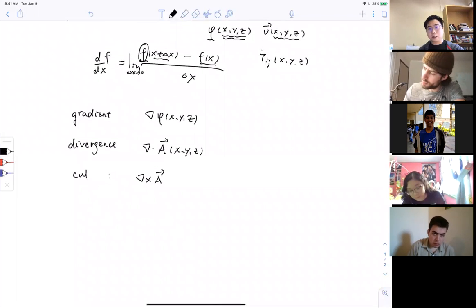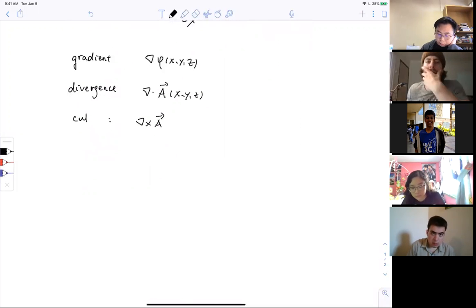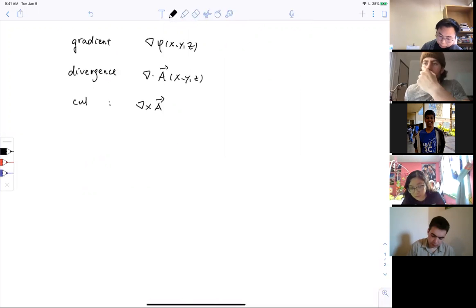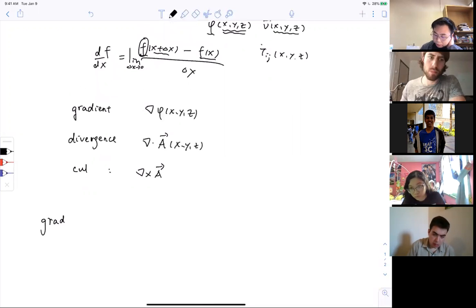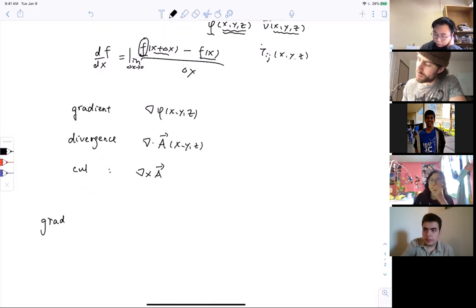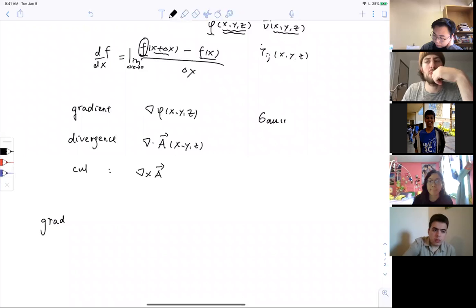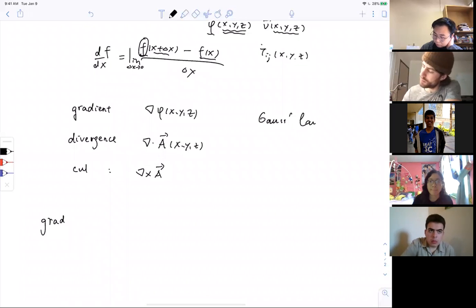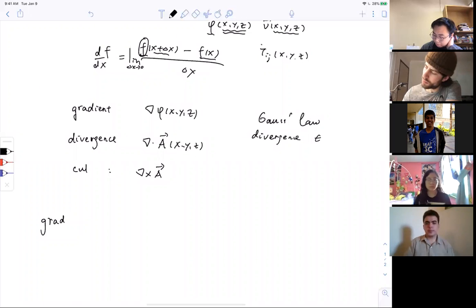So we will talk about these 3 operations one by one, and also talk about their physical meanings and geometrical meanings. By the way, there are many concepts associated with those operations. Also some theorems, for example, Gauss's law, also called the divergence theorem.